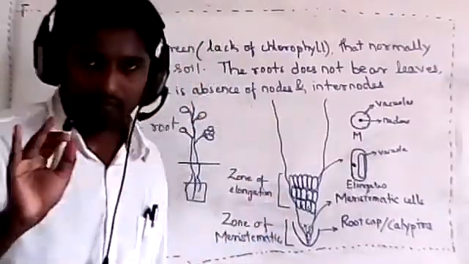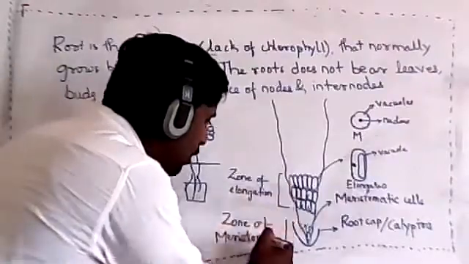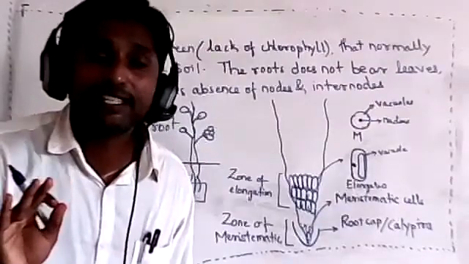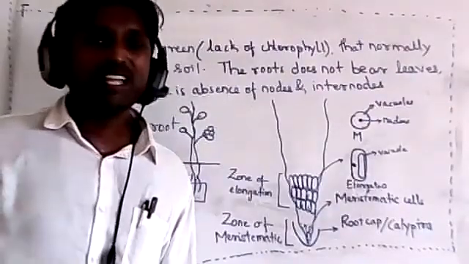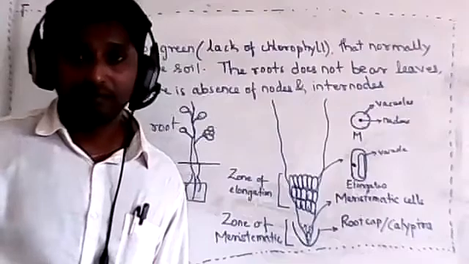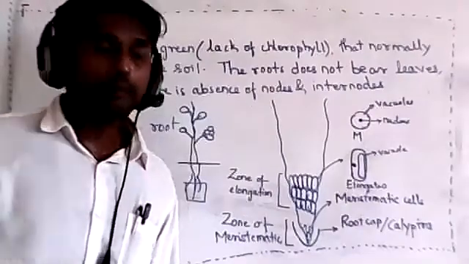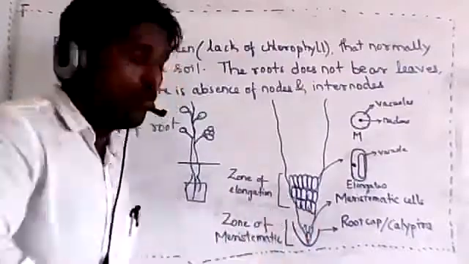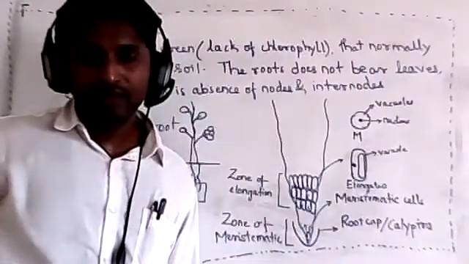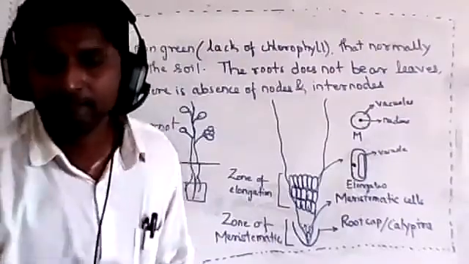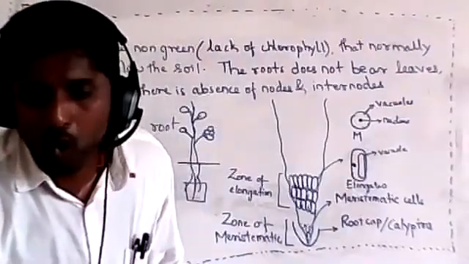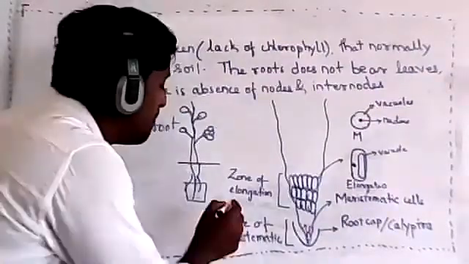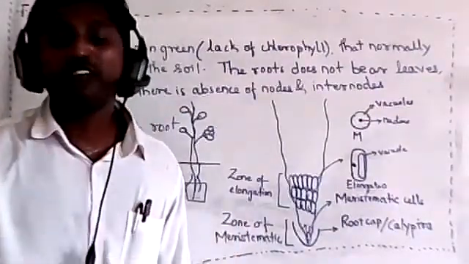Okay, there is one similarity between these two zones. What is that similarity? Can you tell me what is the similarity in these two zones? Yeah, students, can you tell me? What similarity is there in the zone of meristematic structure and the zone of elongation?